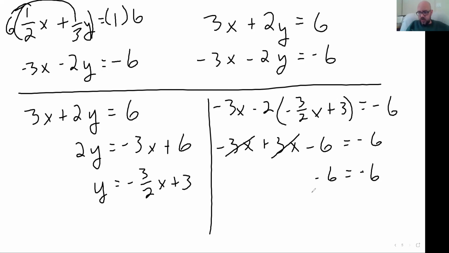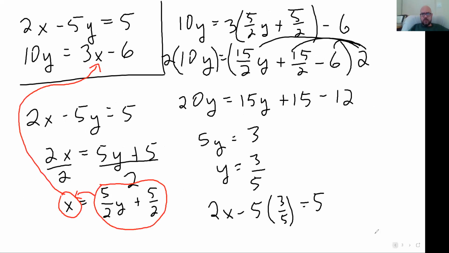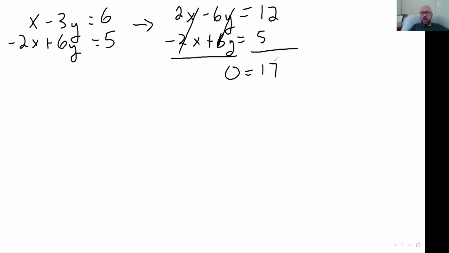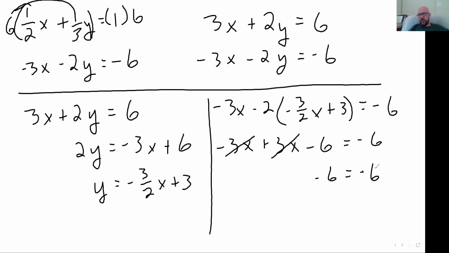Very similar to the one over here, that's a funny looking equation, right? That one's always false, but -6 equals -6 is always true. All that means is that these two are actually the same line. If I just multiply this one by -1, I would get that one, so they're pretty clearly the same at this point.